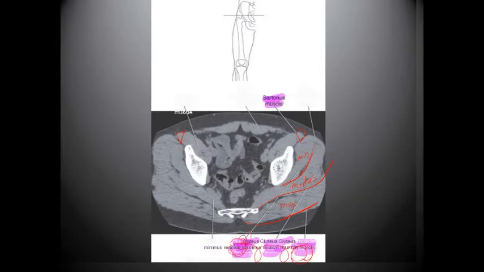Don't worry about this down here at the bottom. I think this is kind of skewed. Here we have the minimus, medius, and maximus. Also, we have the rectus abdominis muscle here.